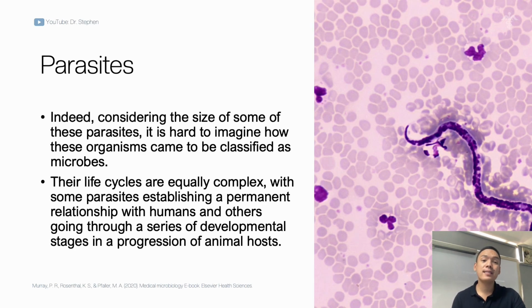Indeed, considering the size of some of these parasites, it is hard to imagine how these organisms can be classified as microbes. Of course, their life cycles are equally complex, with some parasites establishing a permanent relationship with humans and others going through a series of developmental stages in progression of their animal host.